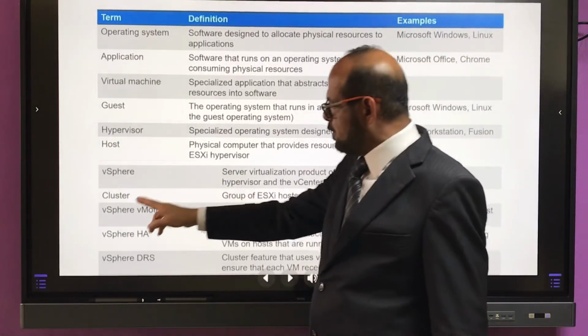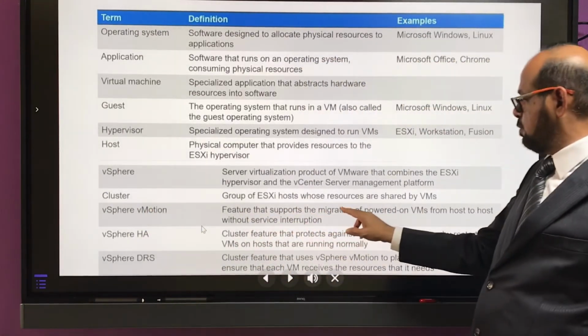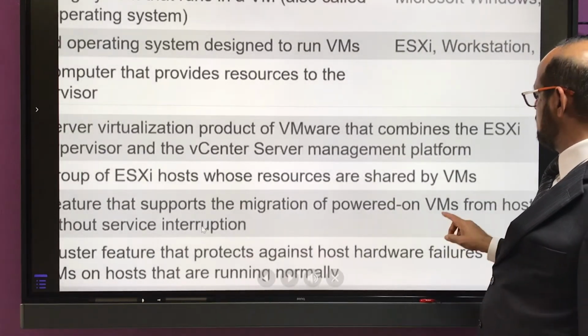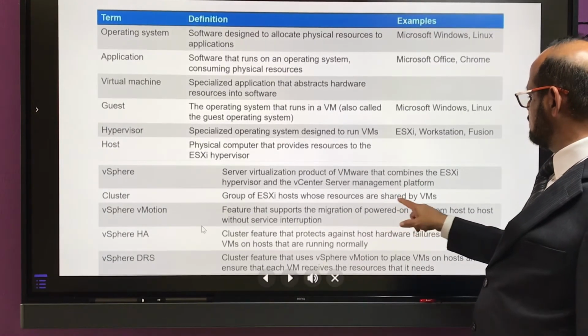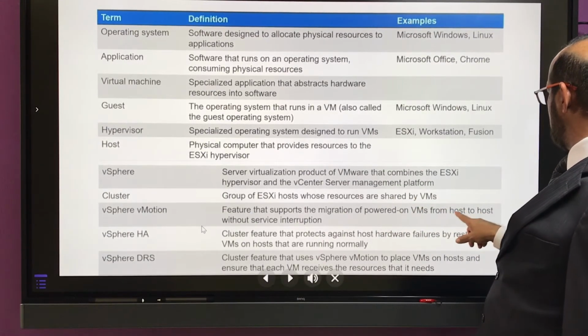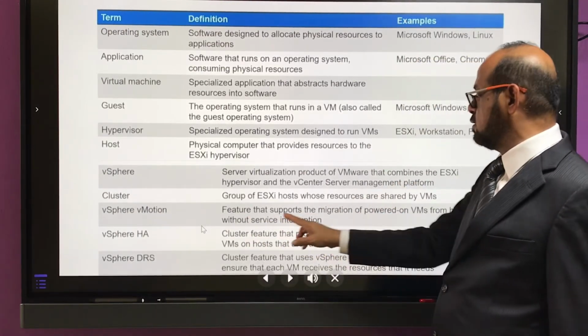Now vSphere vMotion. vSphere vMotion is a feature that supports the migration of powered on machines, powered on VMs, from host to host without service interruption.